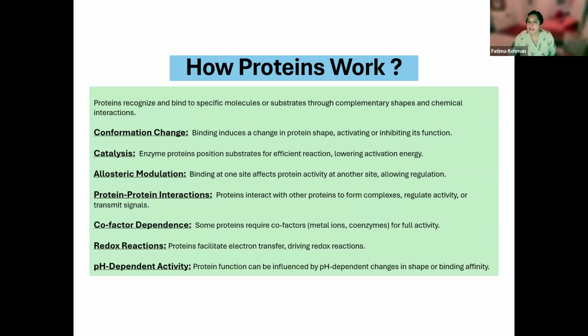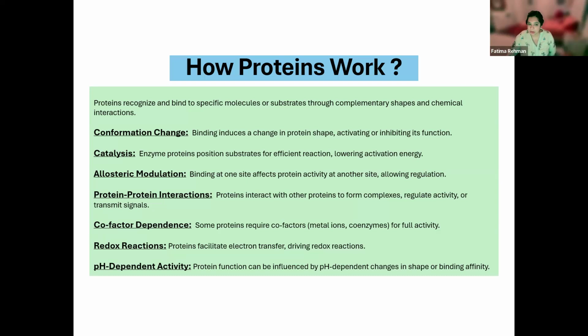This causes a change in the protein shape and either activates it or inhibits its function. Then you have enzyme proteins that are there to get their substrate and create the product that they need to make through lowering of the activation energy.